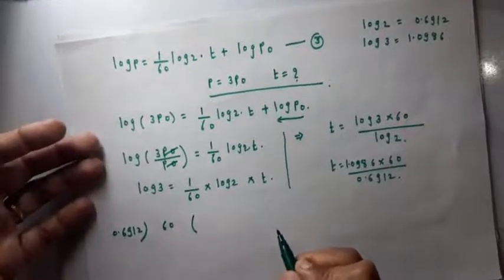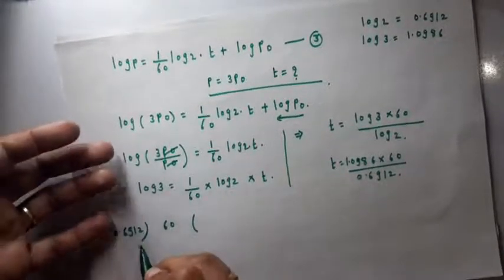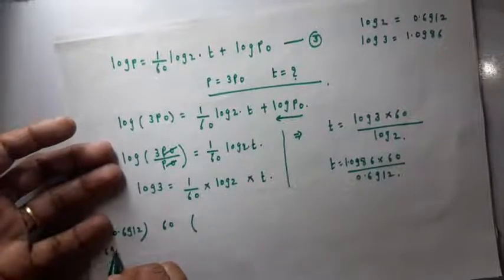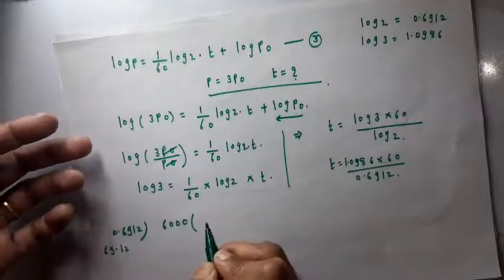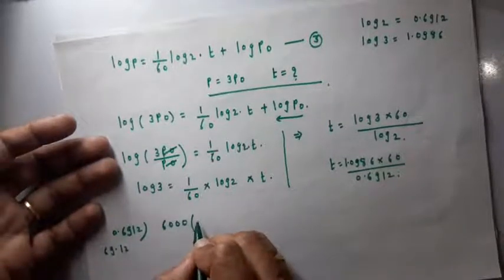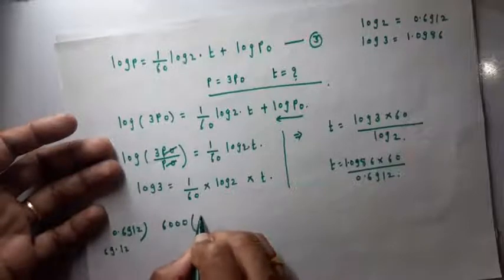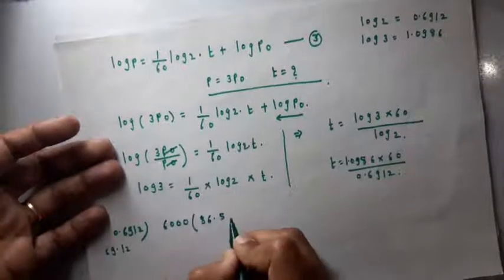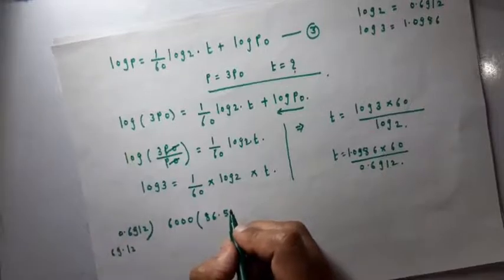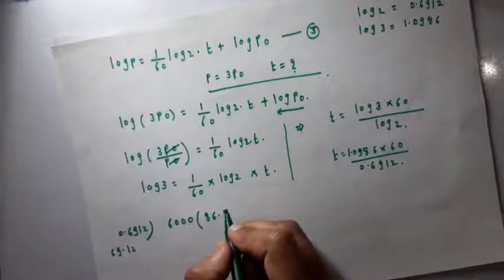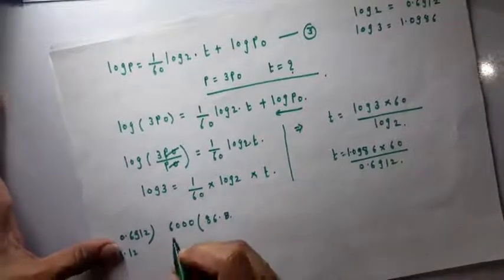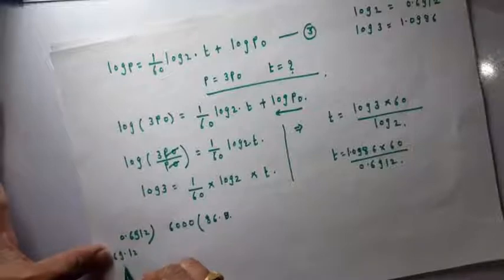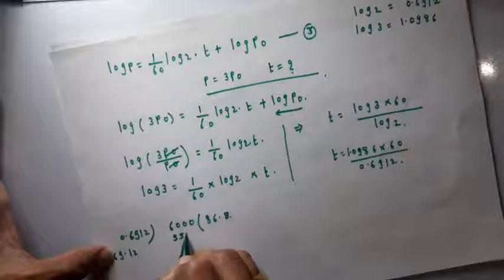If we divide, this becomes 6000 upon 69.12, and in this way we can divide, and after division the answer will be 86.8. Suppose this is multiplication of 69 into 8, we get 552.